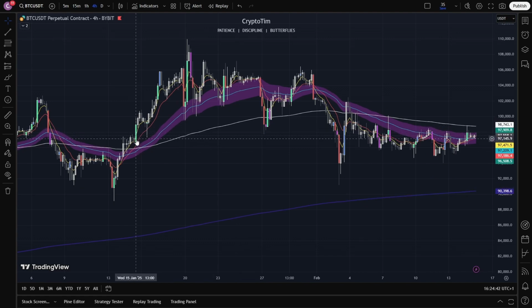So this yellow line is our 5 EMA, while the red line is our 13 EMA, this light blue is our 50, the purple cloud is our 50 EMA cloud, the white line right here is our 200 EMA, and the dark blue line is our 800 EMA.